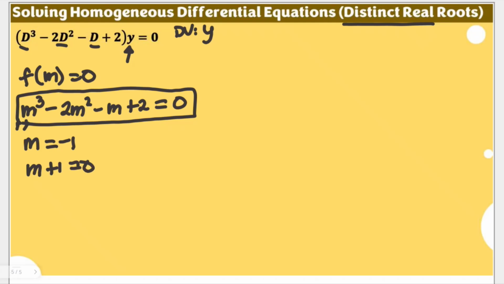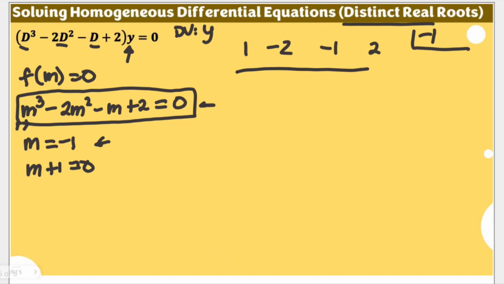Now looking into this, let's try to check what would be the next value when this is divided by m plus 1. So you will have synthetic division here, 1, -2, -1, and 2. And your c here is, as mentioned, -1. Okay, so synthetic division, review that.